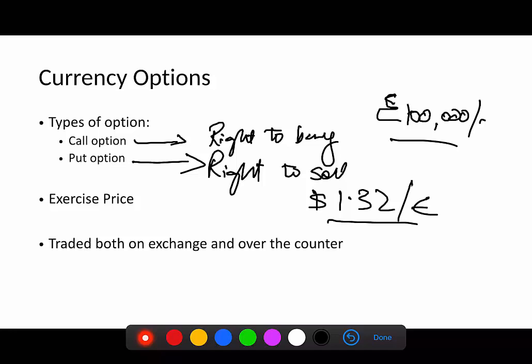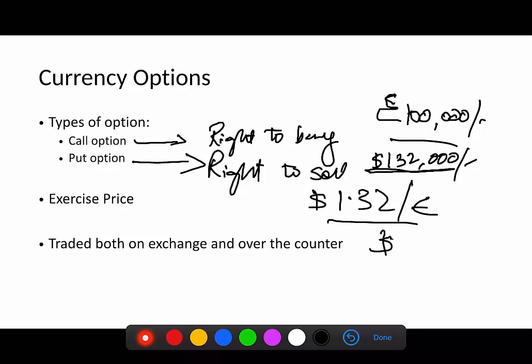If you exercise this contract on the day of expiration, you need to pay 132,000 dollars to buy 100,000 euros. Now, if in the exchange market you have a chance to pay less than that 132,000, obviously you will not exercise the option and you will buy from the open market.